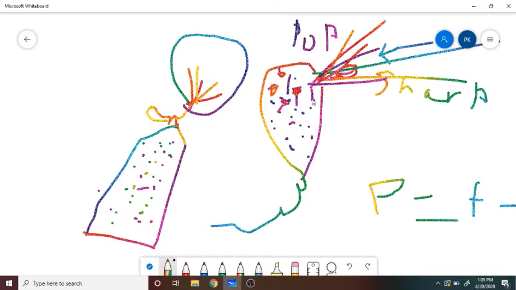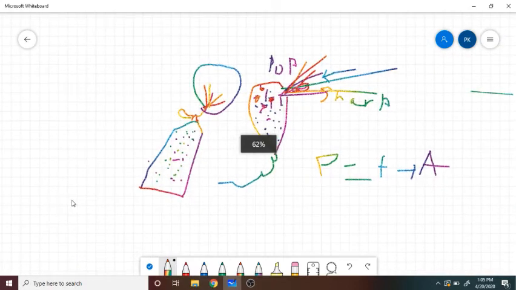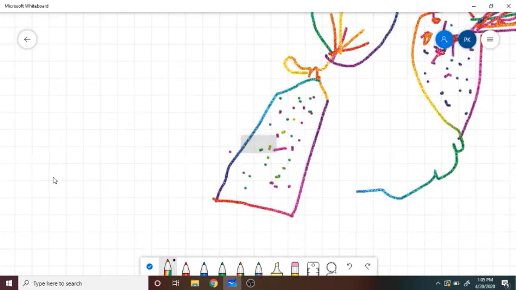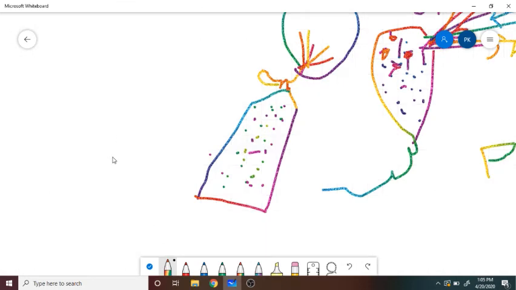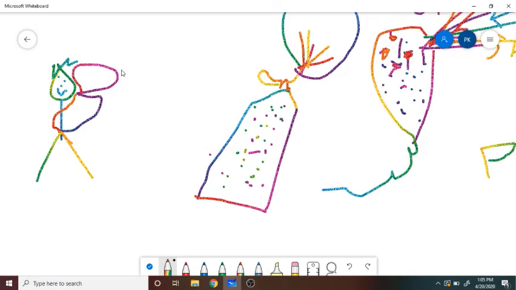Also, another example you can do is when you are blowing a balloon. Let me just draw. That's one very long-armed human. One line.